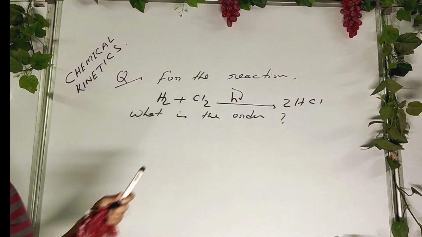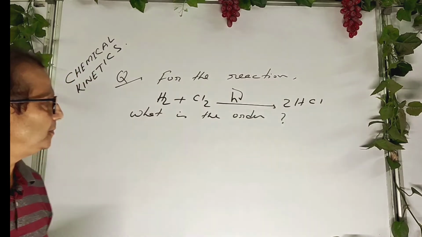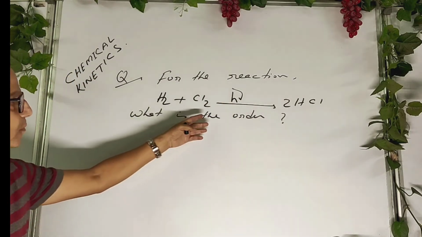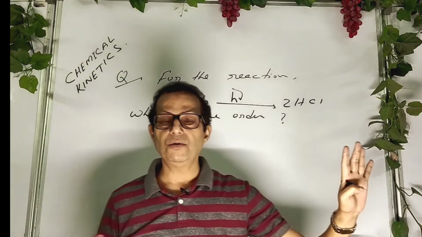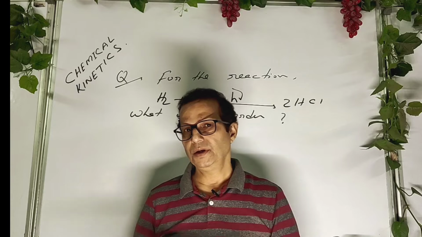This is the symbol of sunlight, h nu, to get HCl. What is the order of the reaction? See, no rate law equation is given here.